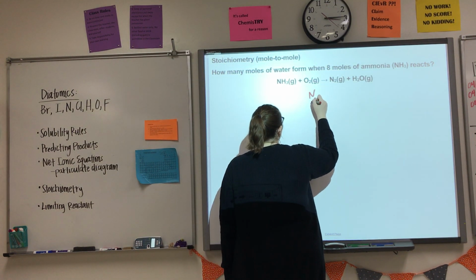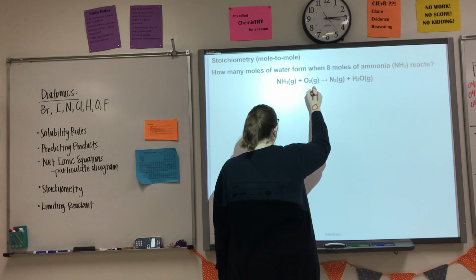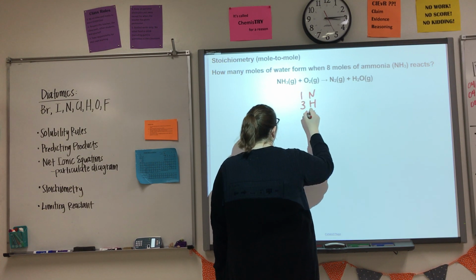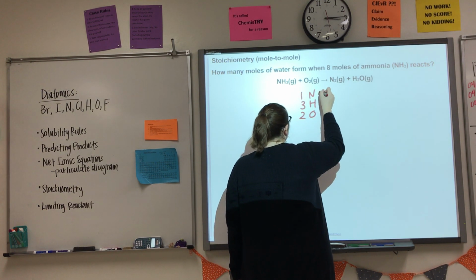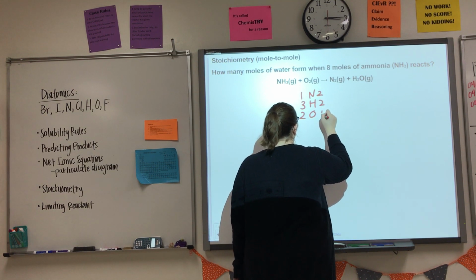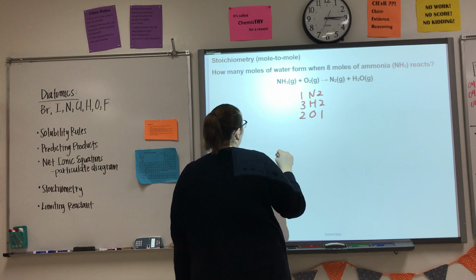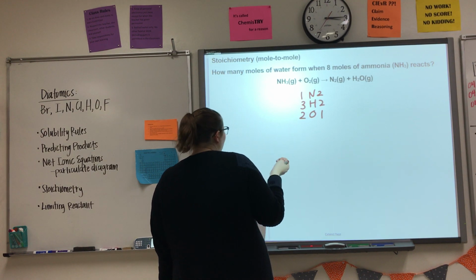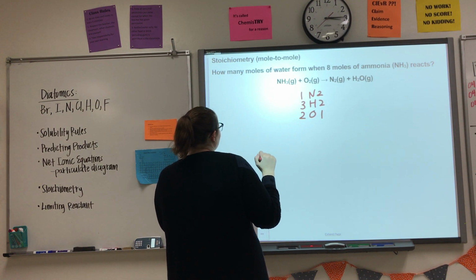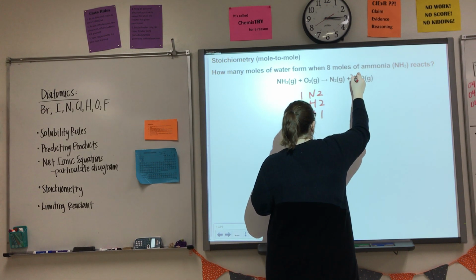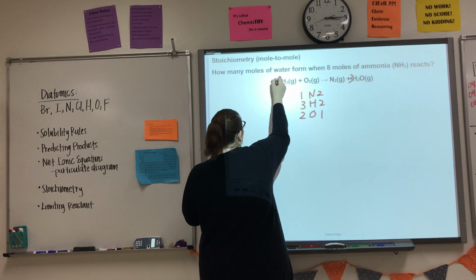So I have nitrogen, hydrogen, and oxygen. I start with 1 nitrogen, 3 hydrogen, 2 oxygen, and 2 nitrogen, 2 hydrogen, 1 oxygen. When I have a 3 to 2 type of thing, what I like to do is find the smallest common factor, which in this case is going to be 6. So I'm going to put a 3 here and a 2 here.